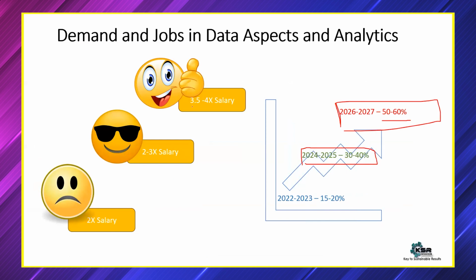And this bracket, 3.5x to 4x salary bracket, is a guaranteed bracket you will get for a data analyst, data engineer or data scientist role. For every data related role, you can definitely get this bracket. Why? Because the more the data, the more important it is to analyze and understand the data and improve the business.